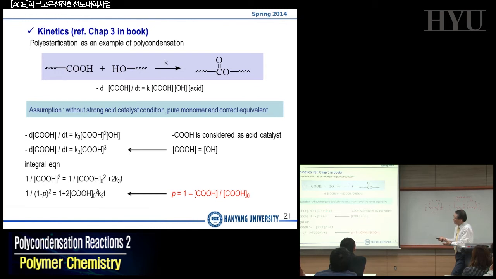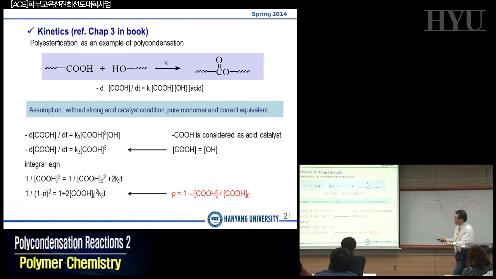Now, the hydroxy group concentration and the acid concentration are the same because we put equimolar concentrations of the monomer system, so let's say that hydroxy concentration is the same as carboxylic acid, so it could be to the third power.